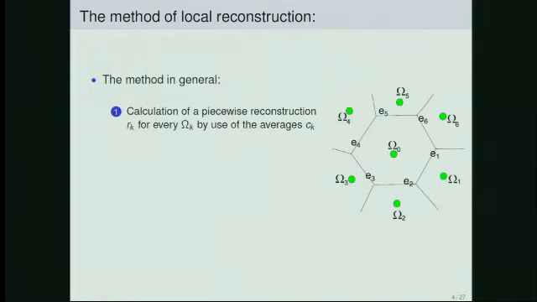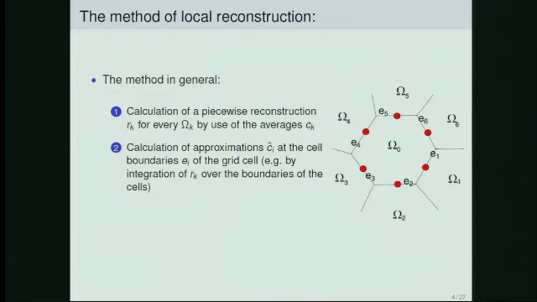First, in each grid cell, we want to compute a function Rk, which uses all the averages of this grid cell and all the surrounding averages. After that, if we have this function, we compute at the edges, or in 3D at the faces, an approximation of this reconstruction at all of these faces.